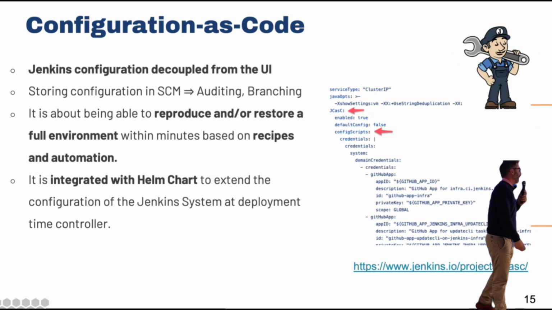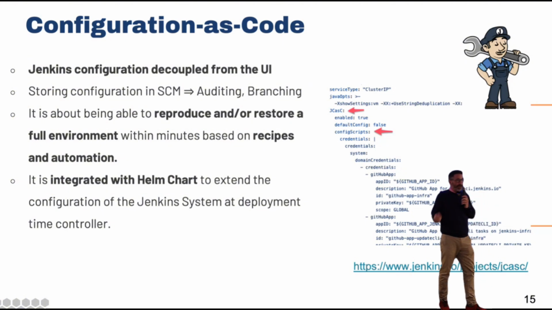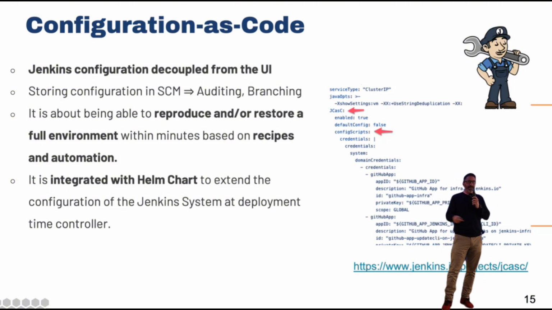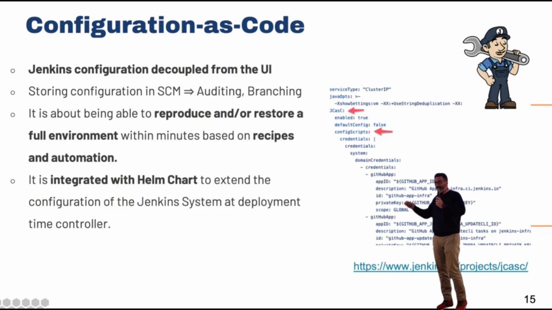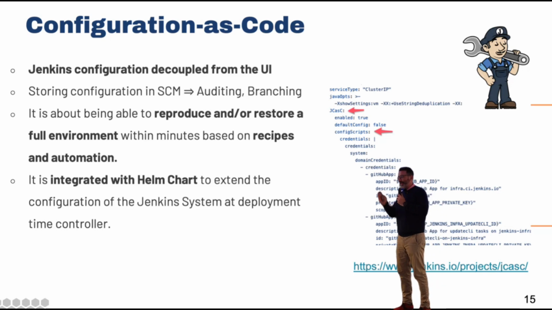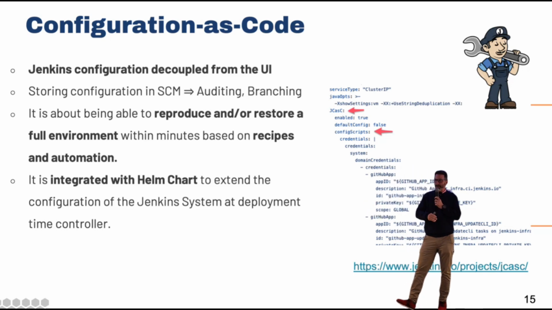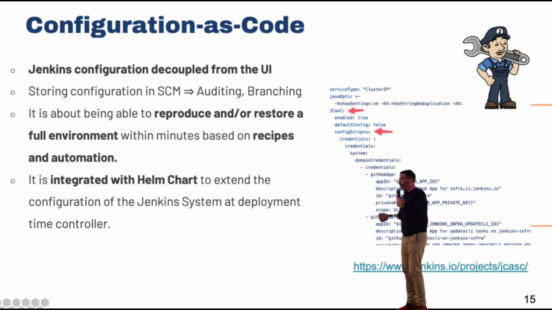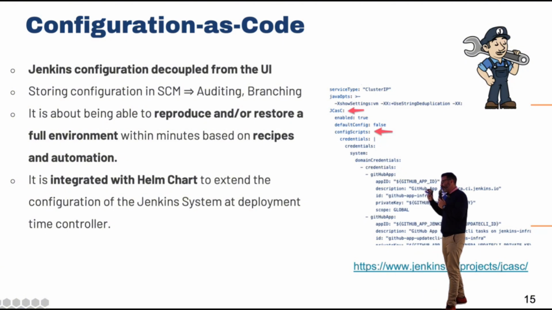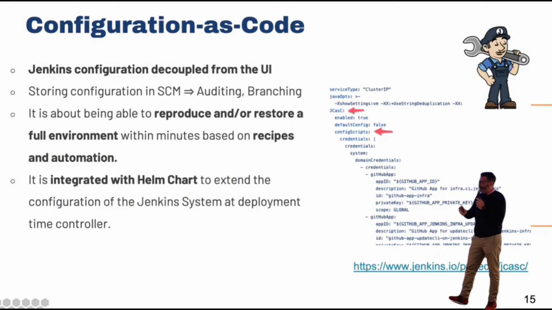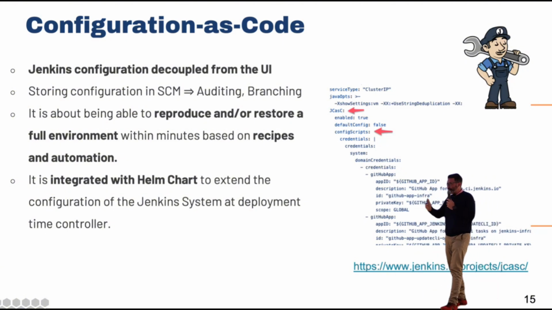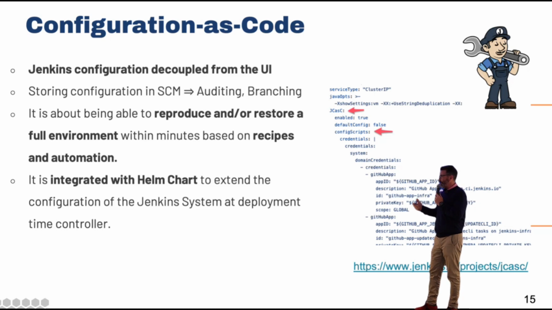Let's start with configuration as code. What is that? It is the principle of deploying Jenkins without my hands. It tries to move from a ClickOps approach to a GitOps approach. And what are the advantages? All the configuration goes to a source code management system, so you have capabilities of auditing and branching.